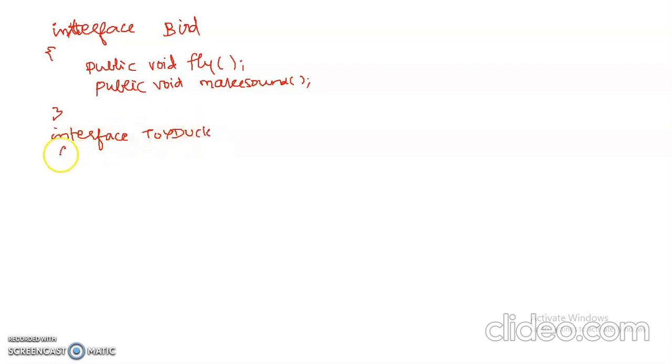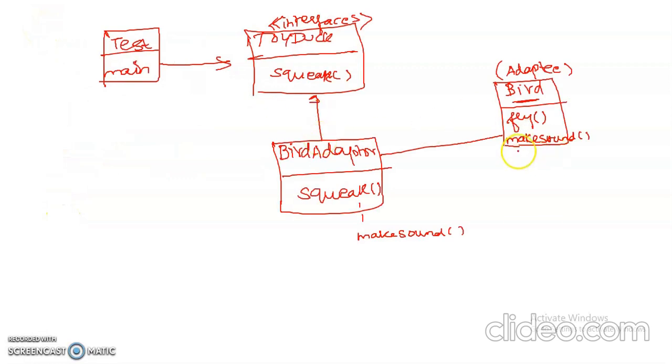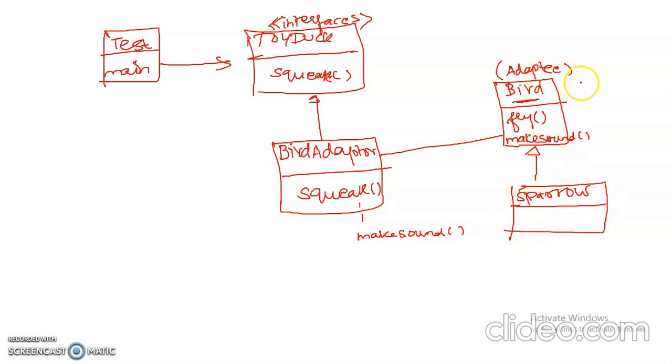Interface toy duck has a method squeak, public void squeak. Let us have one more class named sparrow. Sparrow implements the bird interface, so it will have function definitions for the fly and make sound methods.